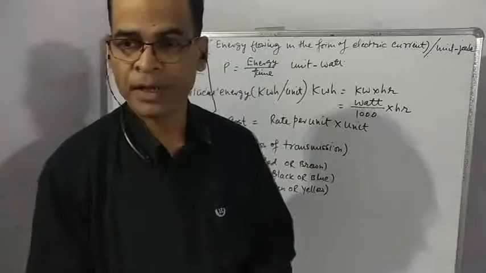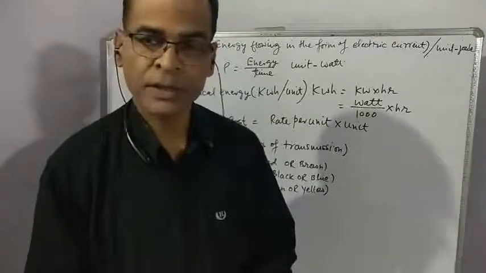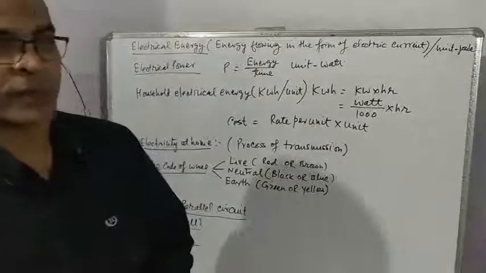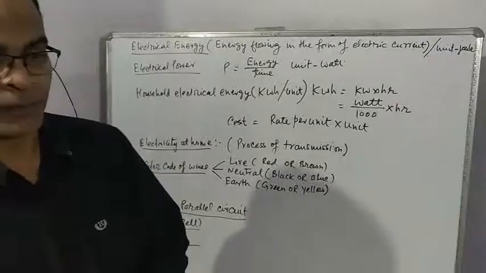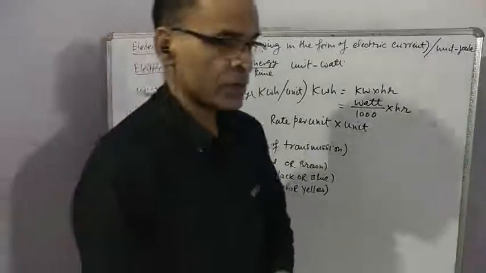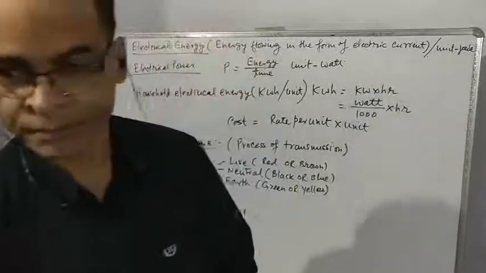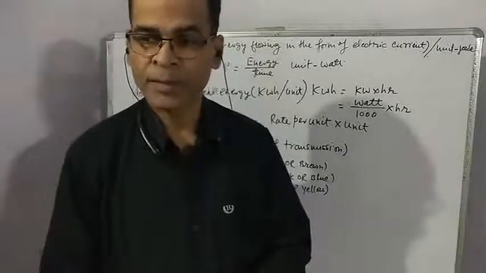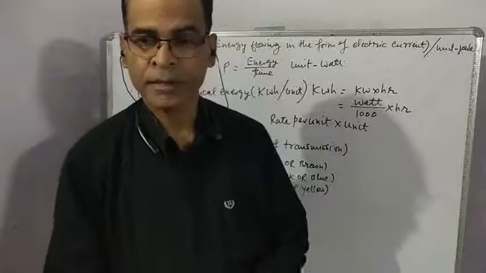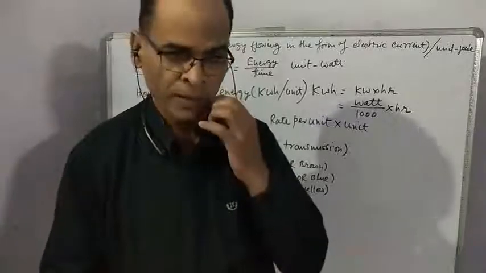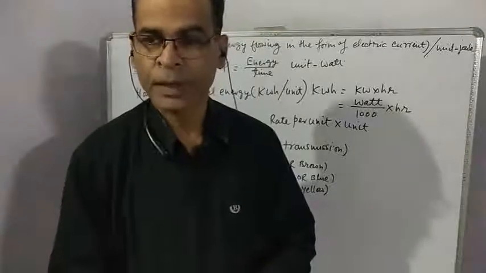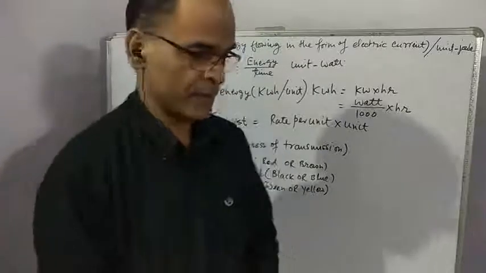Because of the chemical reactions, charge is generated, and this charge flows in the form of electric current. A combination of cells is called a battery. If one cell is not enough to supply current, then many cells are joined together to form a battery. So basically there is no difference between a cell and a battery.